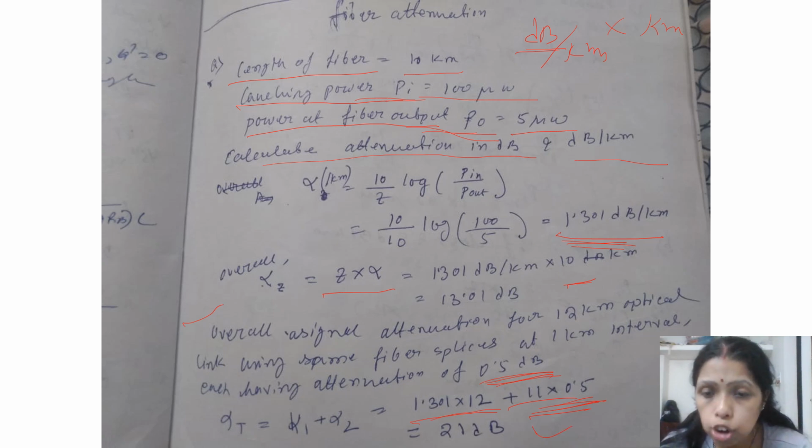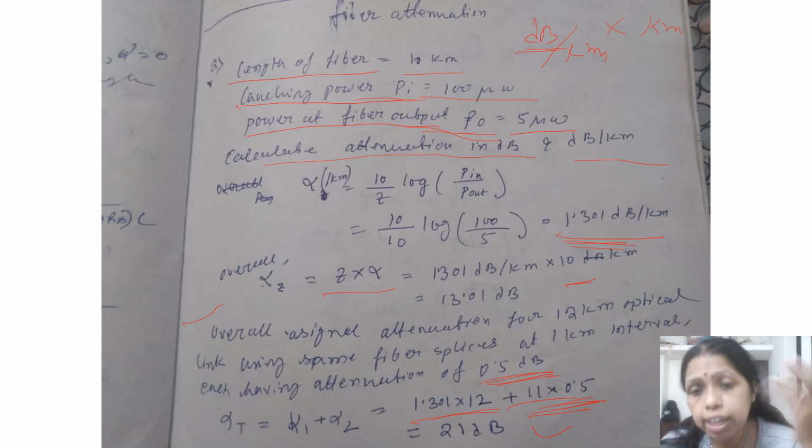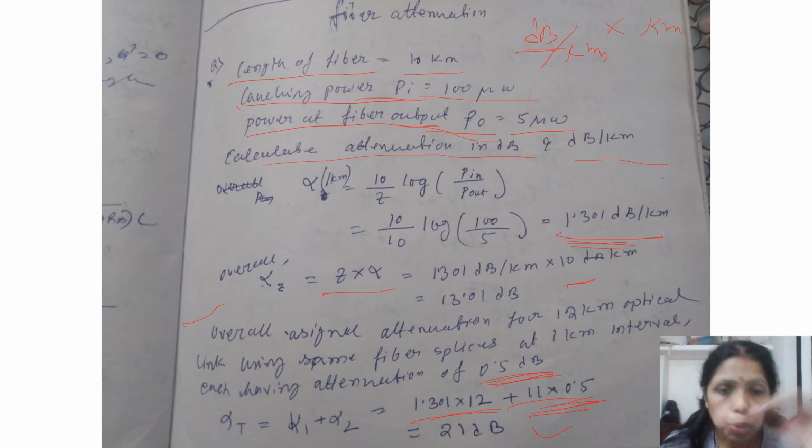If connectors are not there, and there is only the 12 kilometer fiber, then only this much is fine: you multiply the attenuation constant in dB per kilometer with the total length. But along with this, we have the attenuation of the connectors, and each connector has 0.5 dB loss. So this is the total attenuation. I think it is clear for all of you.